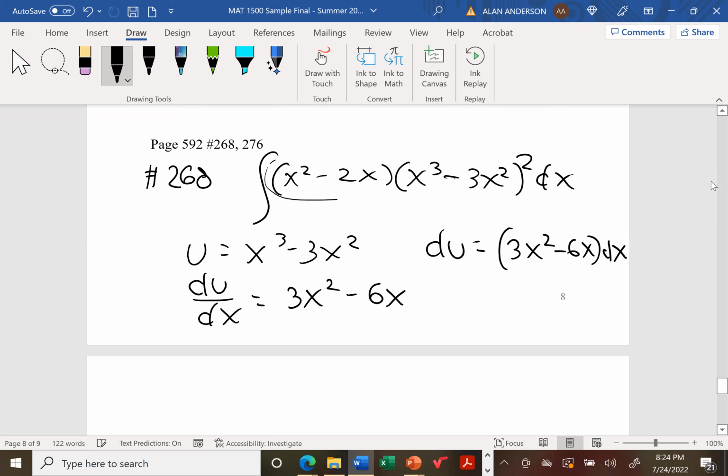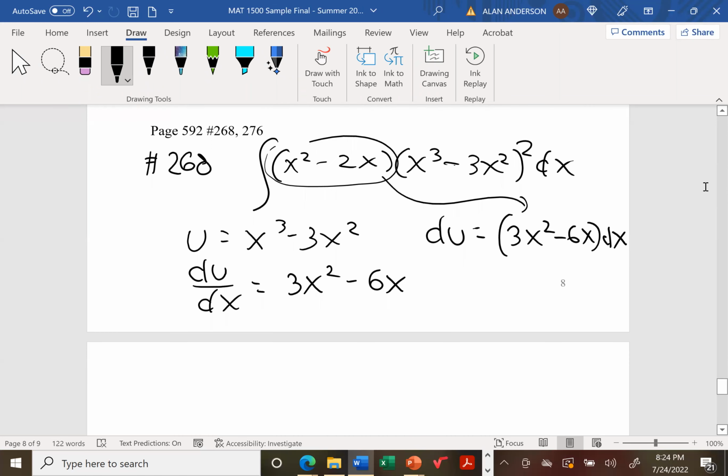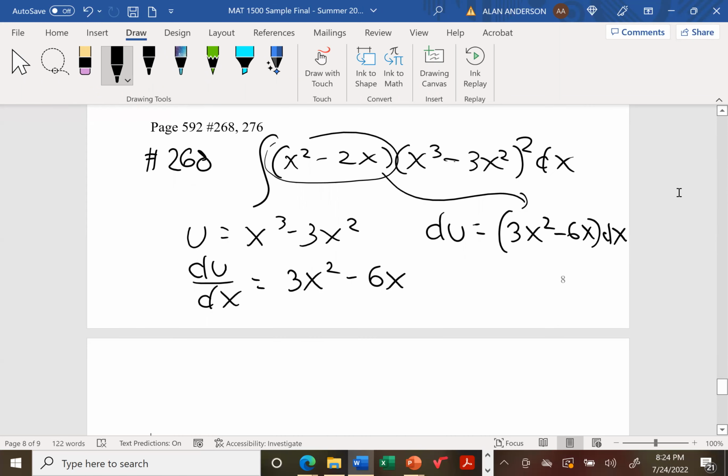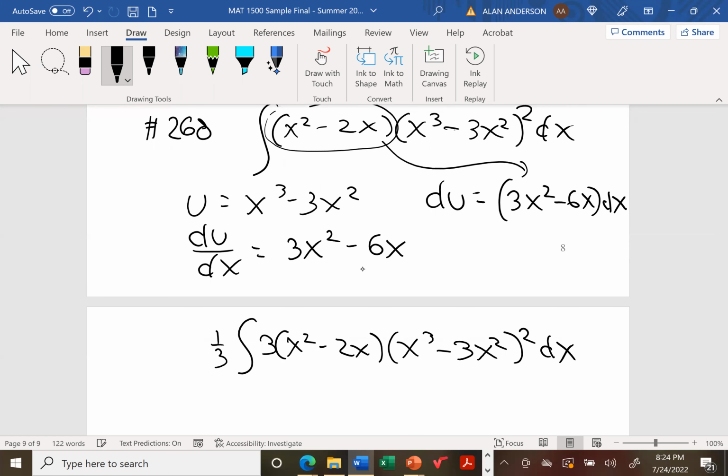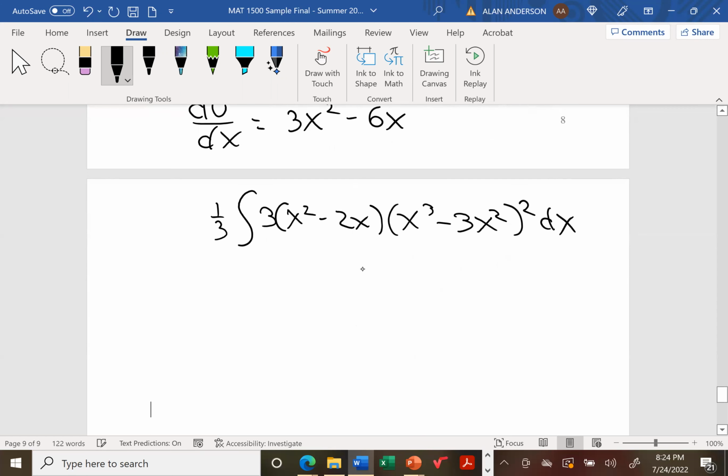Now, we don't quite have that, do we? We need this to take this form. But the only thing that's missing is a 3. Now we can supply the 3 ourselves. So here's what we're going to do. We'll rewrite this as 1/3 times 3, and then we can rearrange it just a little bit.